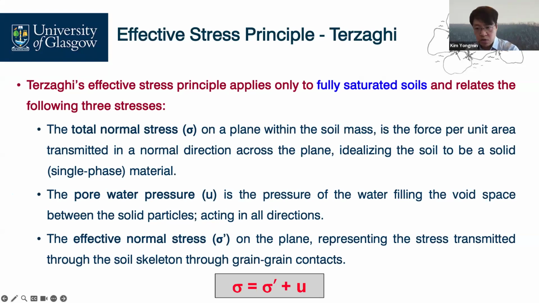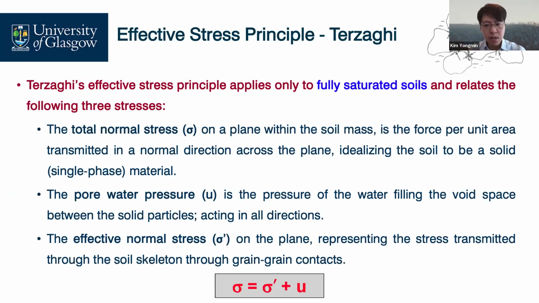This effective stress is the stress transmitted through the soil skeleton only, through the grain contacts, in the normal direction only. Soil particles are in contact with each other. At this interface, this is the effective stress, in the normal direction.